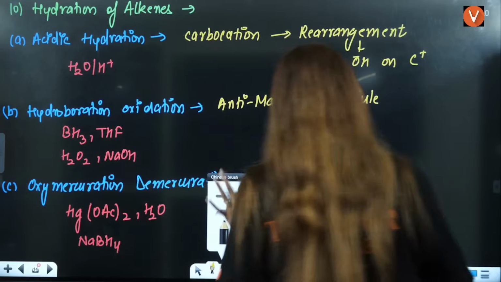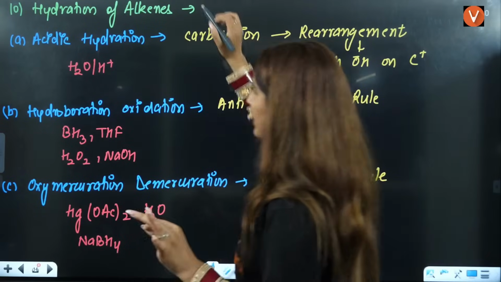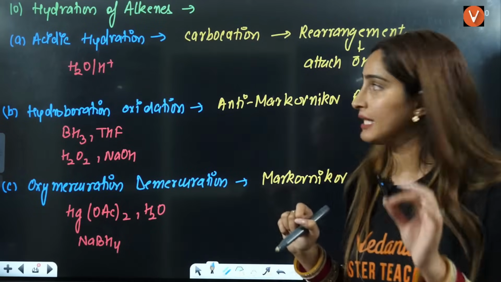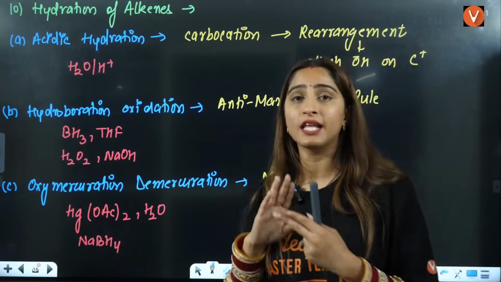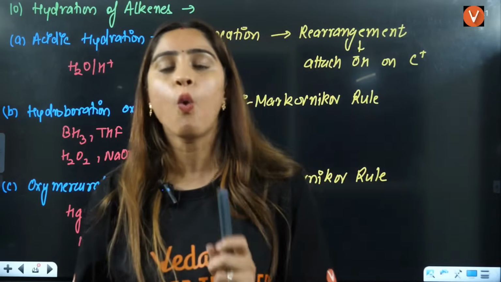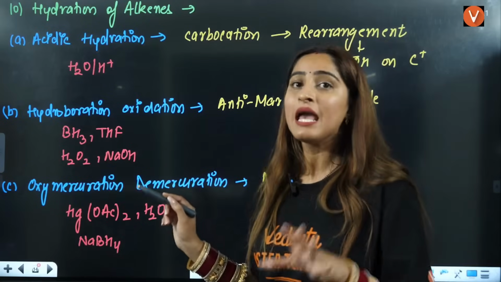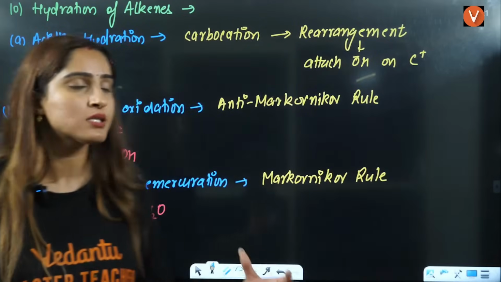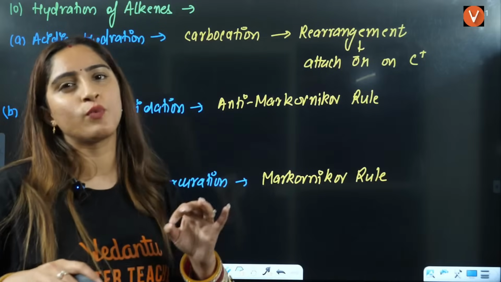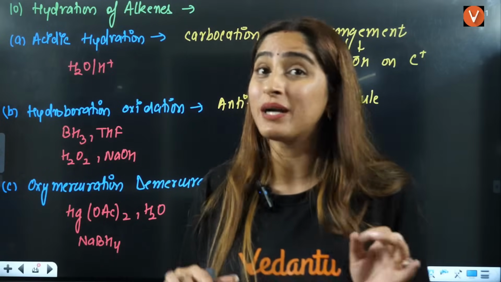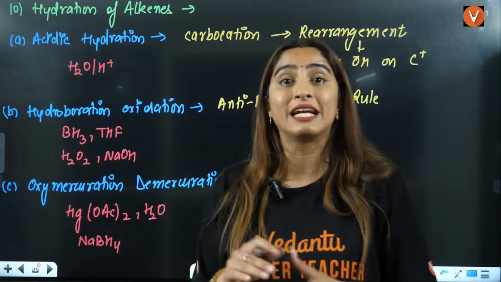Next is very important, that is hydration of alkenes. Basically in hydration of alkenes, we have 3 processes. One is acidic hydration. In all these cases you will add H positive and OH negative, but the way you add them is different.